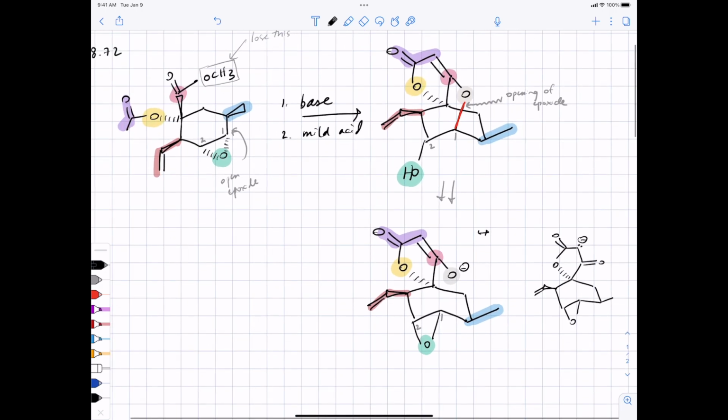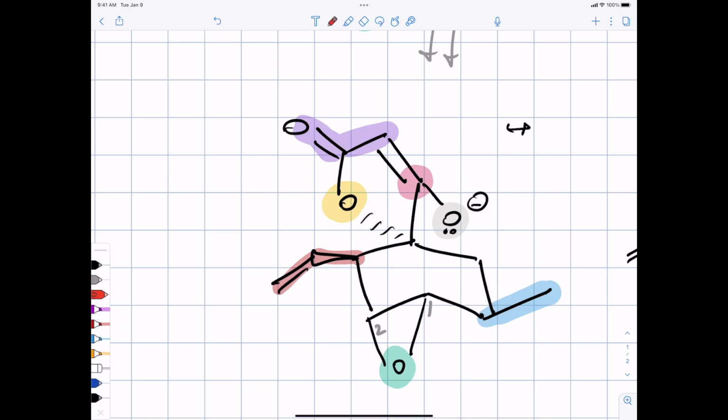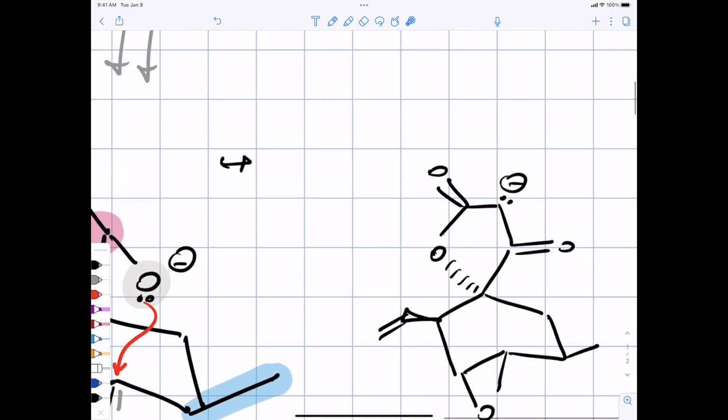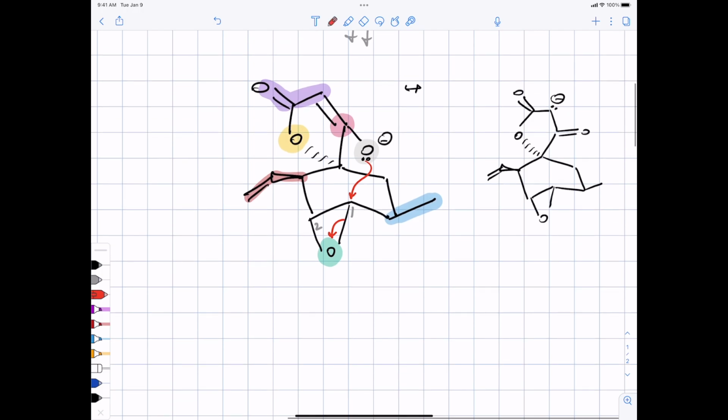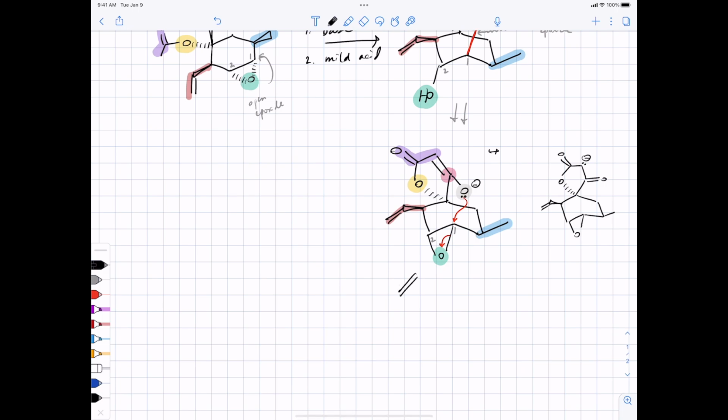So now I'm one step closer, right? Because I can open up the epoxide like this. And then that would result in a structure kind of like this with a negative charge on that oxygen, which I could protonate. This is a beta dicarbonyl compound, right? And I could have gotten that from its precursor.